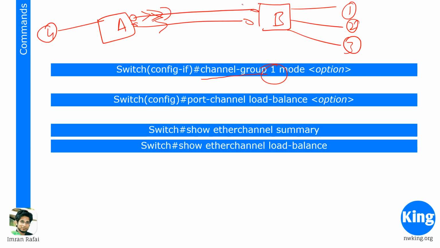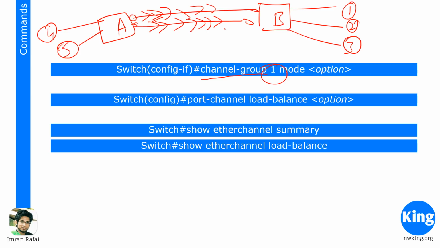Then all traffic, immaterial of whether it's going to 1, 2, or 3, will only go through this. Let's say there was a PC5, and after doing the hashing algorithm, it decides that PC5 traffic will always go on this link, right?